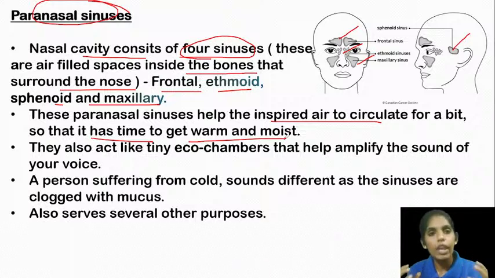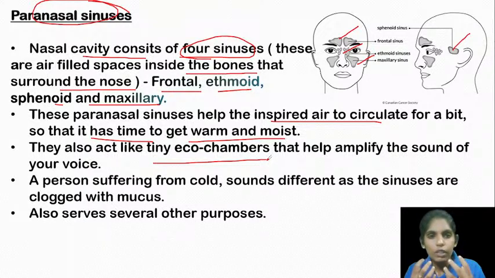moisten the inhaled air. They also act like tiny echo chambers, and they will try to amplify the sound. So when we speak, they will try to amplify, that means they will try to increase the sound of our voice. And you might have observed when a person suffers from cold, there will be a change in his voice.